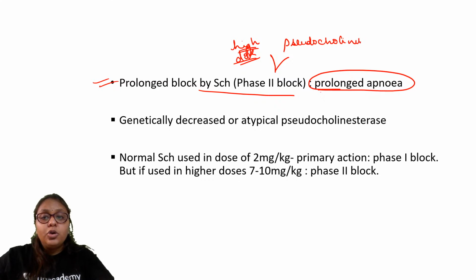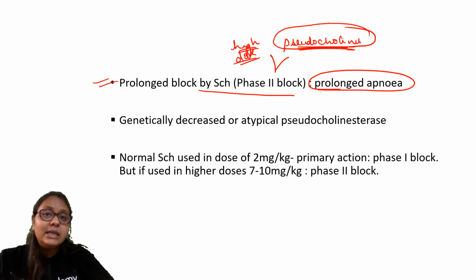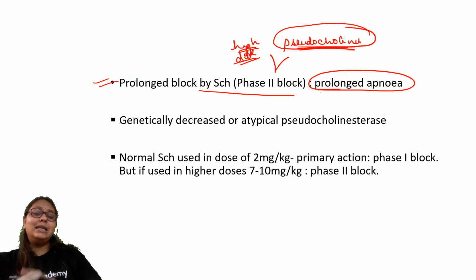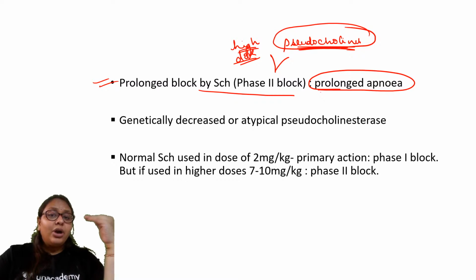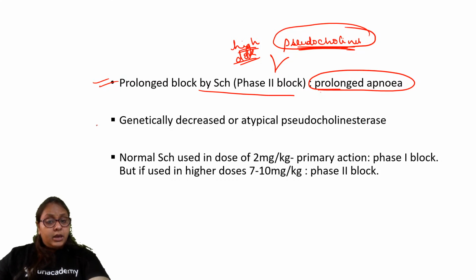So if there is a problem with pseudocholinesterase, if there is atypical pseudocholinesterase, what will happen? Scoline levels will be higher and it can act as a phase 2 blocker. So phase 2 block or prolonged block with scoline can be seen in 2 cases: either you have given a high dose, or else there is atypical pseudocholinesterase enzyme.